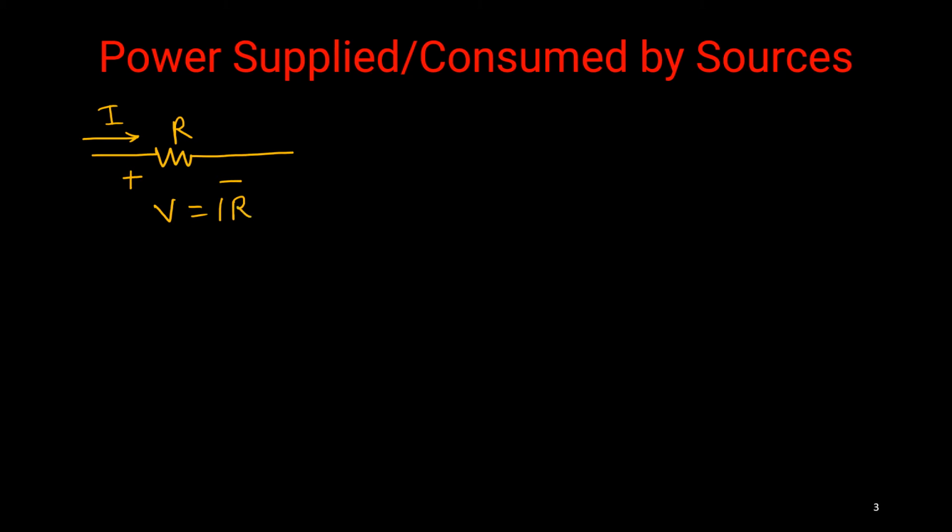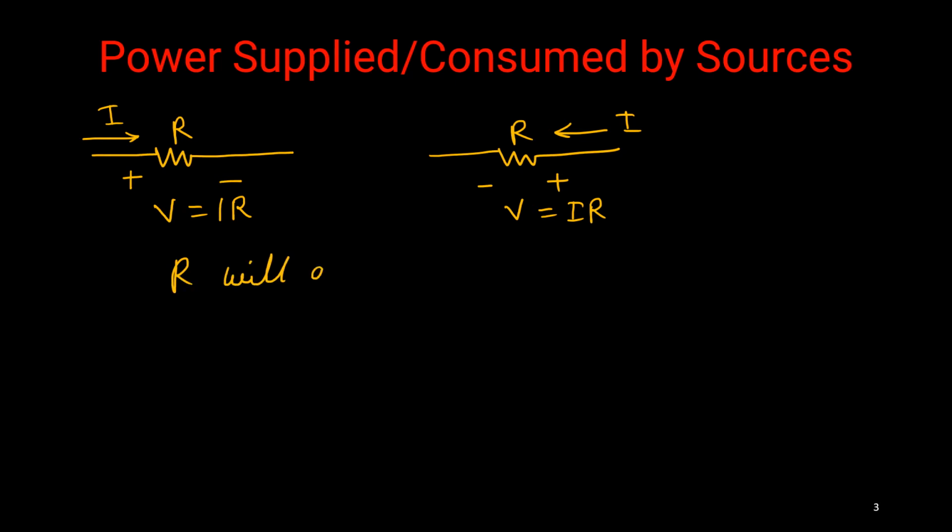Okay, and if the direction is opposite, so same resistance R, if current is flowing from this side, then this end is plus and this is minus, and the value is again, if this current is I, then it is I times R. So a resistance, this R, will always consume power.